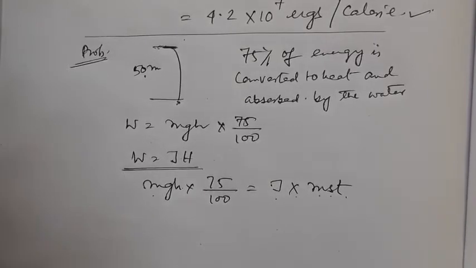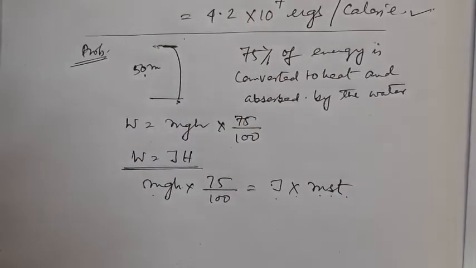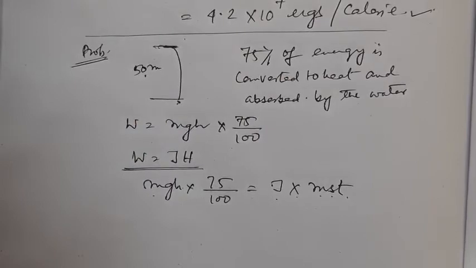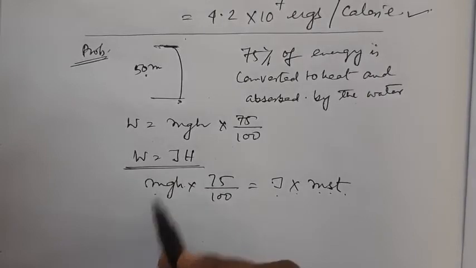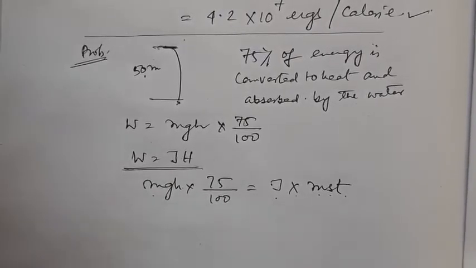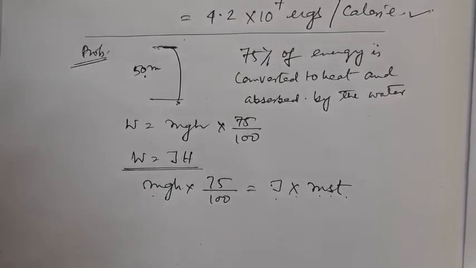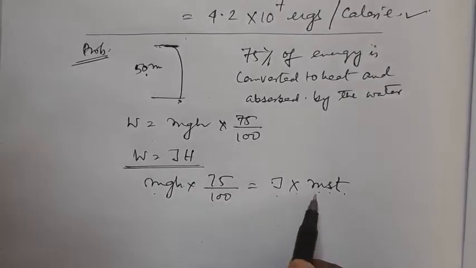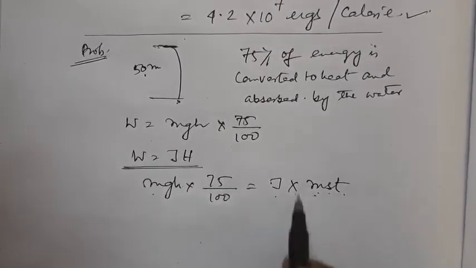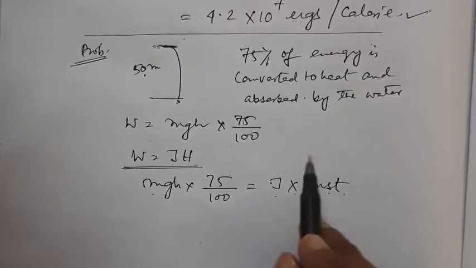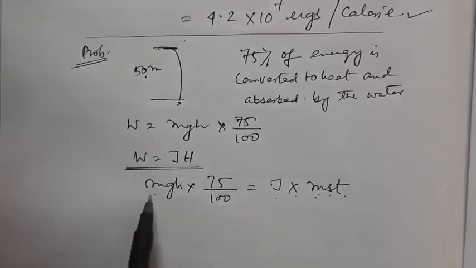Now, as I was explaining previously, you have to do the problems in the CGS format. If you do not, you will fall into trouble. What trouble? If we eliminate the two masses m from both sides, you see that this m is in grams, CGS, because the unit of heat is in calories, and this m is in the SI system.